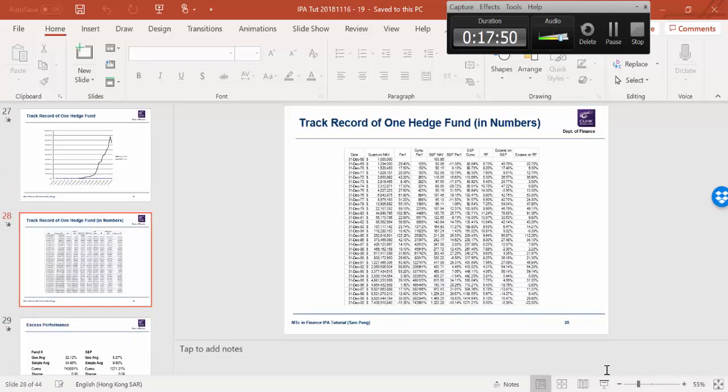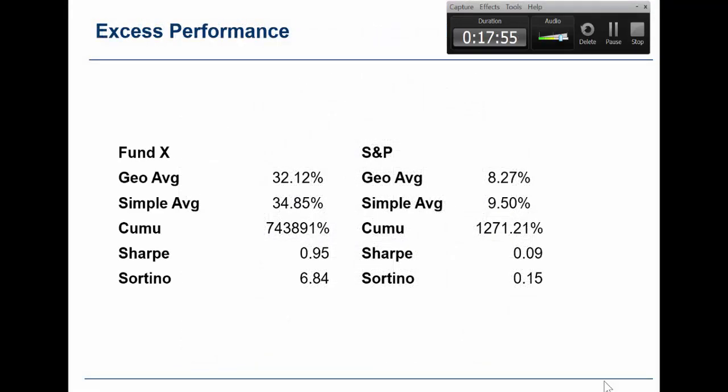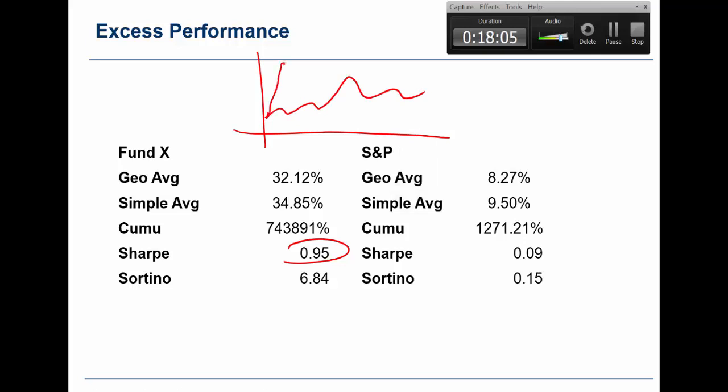His Sharpe ratio wasn't really that good. He was outperforming the market, but sometimes by a huge margin and sometimes not. He had positive returns, almost all positive, 29 out of 30.